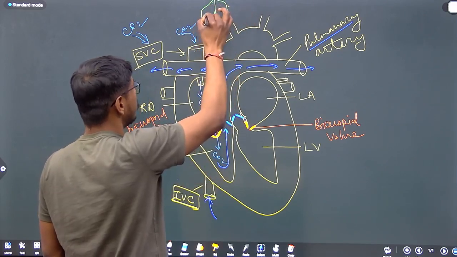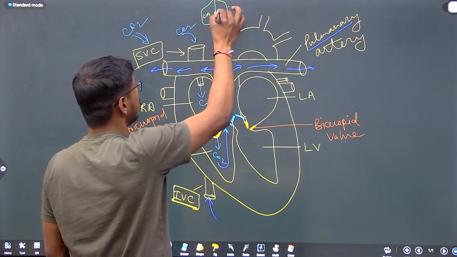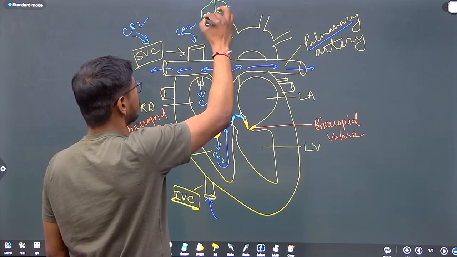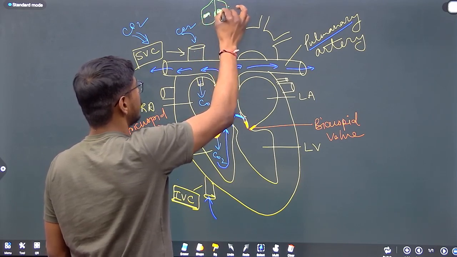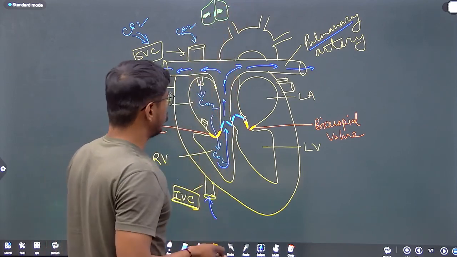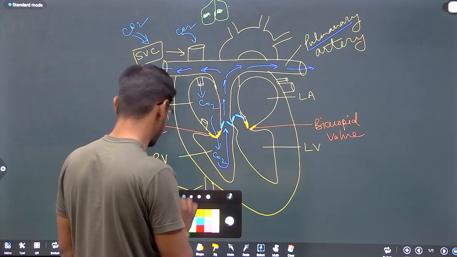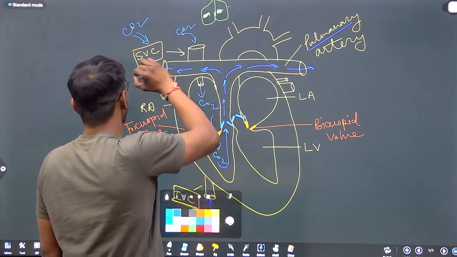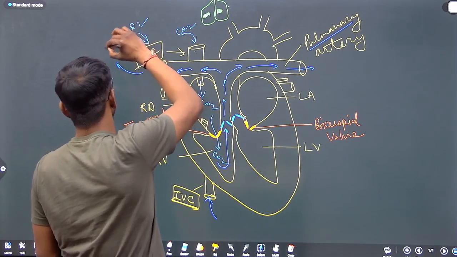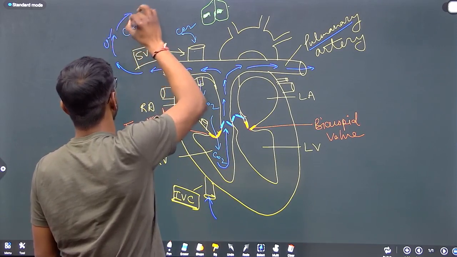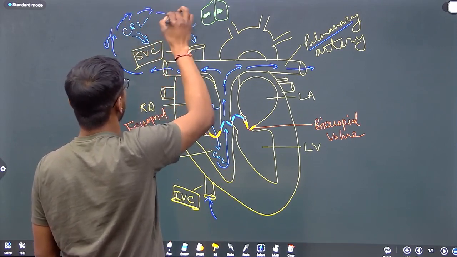This is the left and this is the right. Let's assume that these are the two lungs. This blood is going to the lungs. This time it is carrying CO2, and it will go to the lungs.